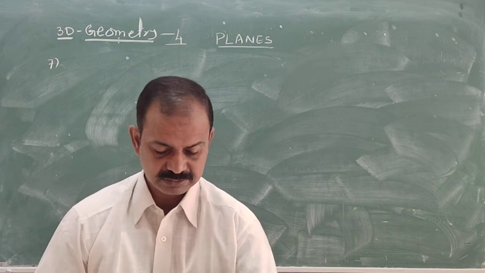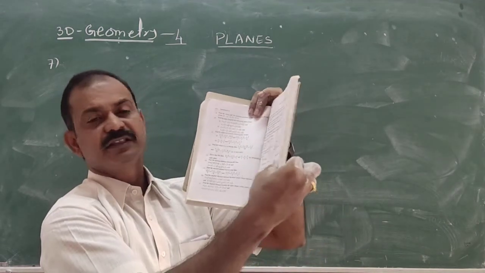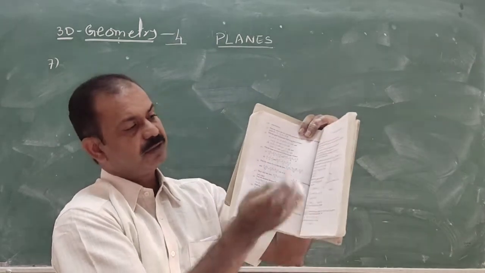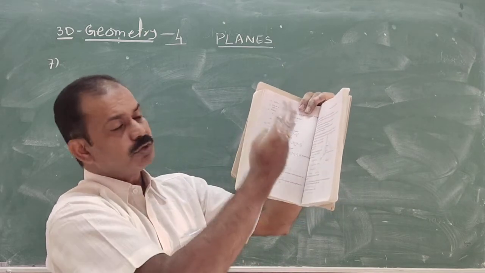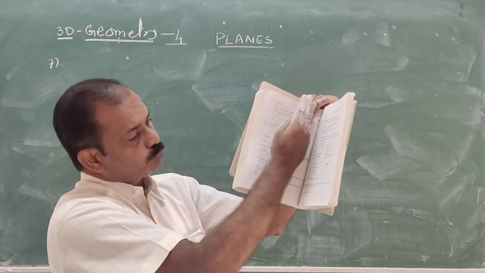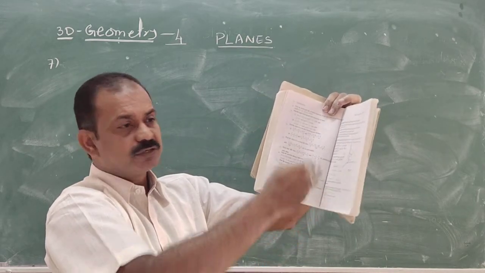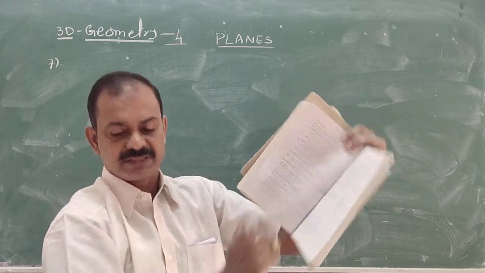How is it? Just you can see, this is a plane, this is another plane. So the intersection of these two planes is nothing but a straight line. So you need a plane passing through the intersection of these two planes, passing through the line which is common to both the planes.